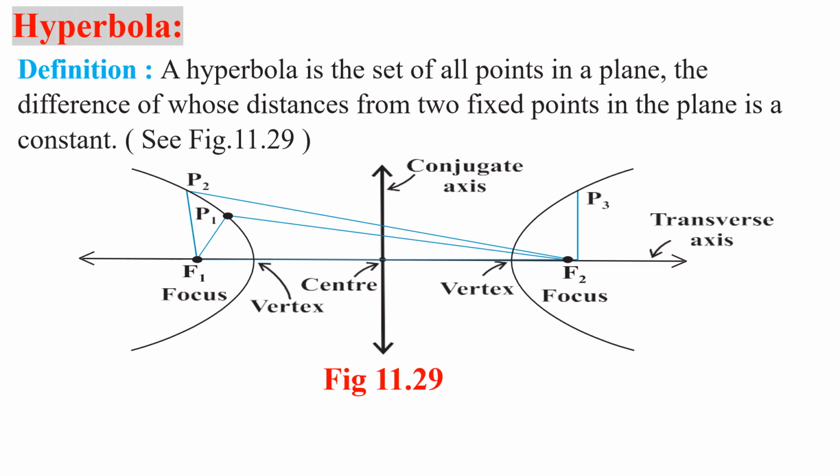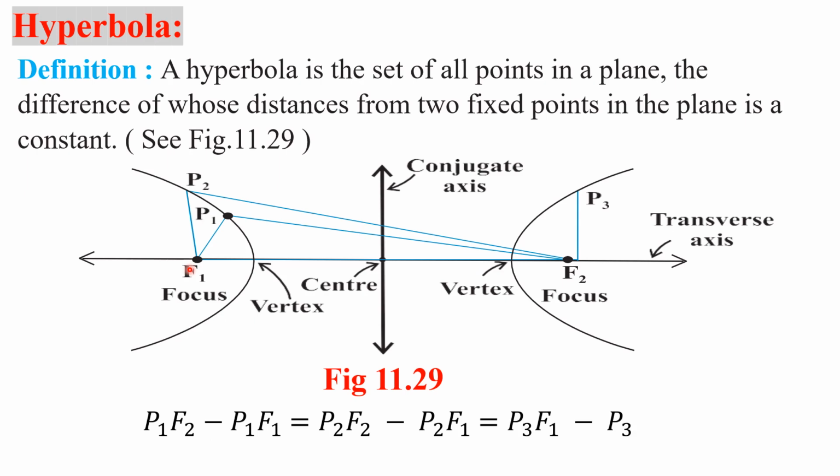Right. That is P1 F2 minus P1 F1 is equal to P2 F2 minus P2 F1. That is equal to P3 F1 minus P3 F2. This is the condition.